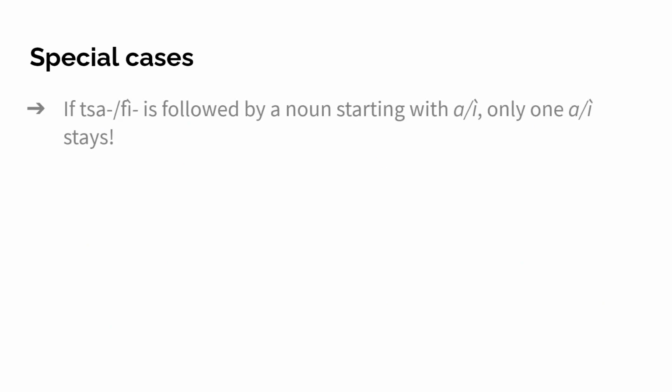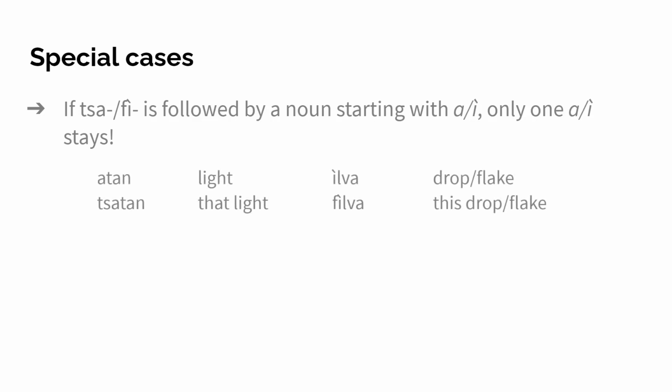There are some special cases, but they make kind of sense. They are again to not have similar vowels next to each other. So if za or fe is followed by a noun starting with a or e respectively, then only one of these two vowels stays. So for example, atan means light, zatan then is that light. So not zaatan, but zatan.